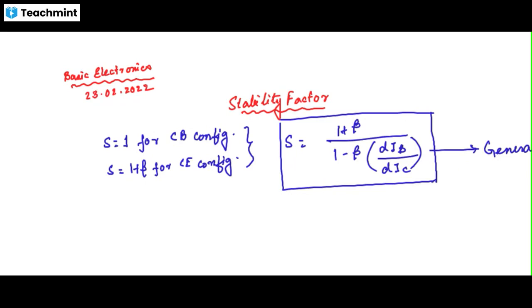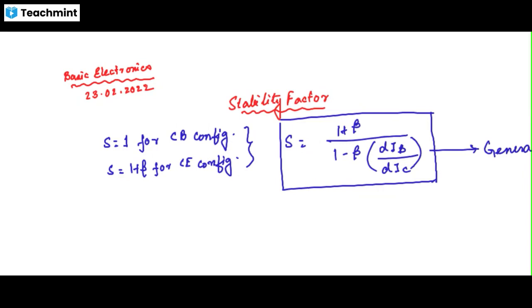Next, a biasing circuit must stabilize the collector current against the temperature variations. And number three, the biasing circuit must ensure the operating point is independent of the transistor parameters such as beta, so that the operating point is not shifted if the transistor is replaced by another transistor of the same type. So these are the requirements of biasing circuits.